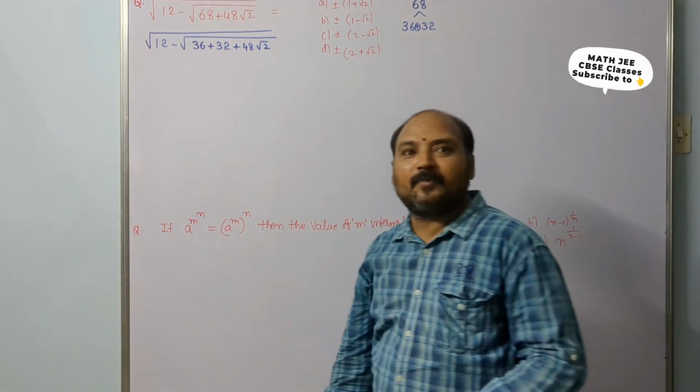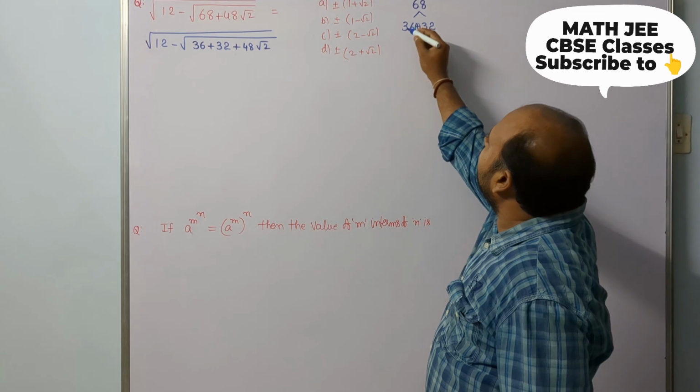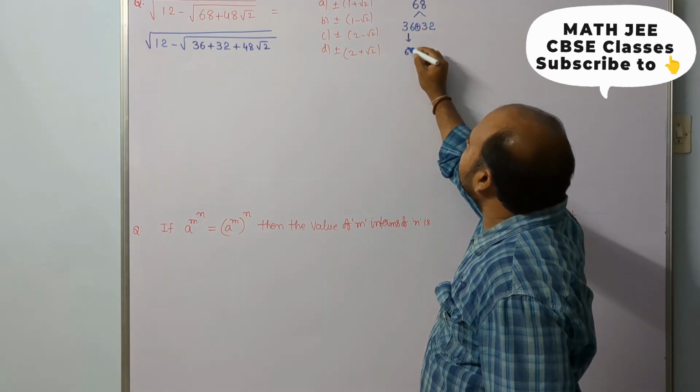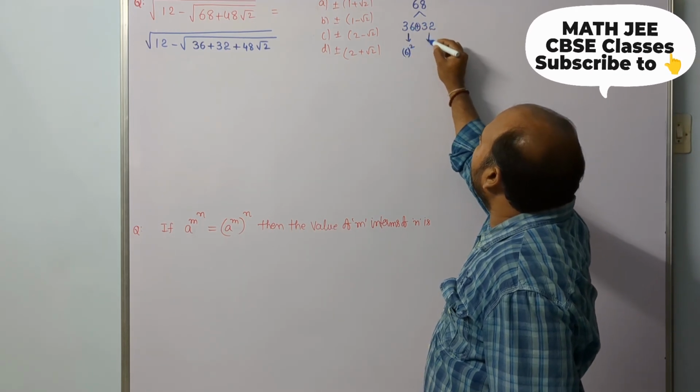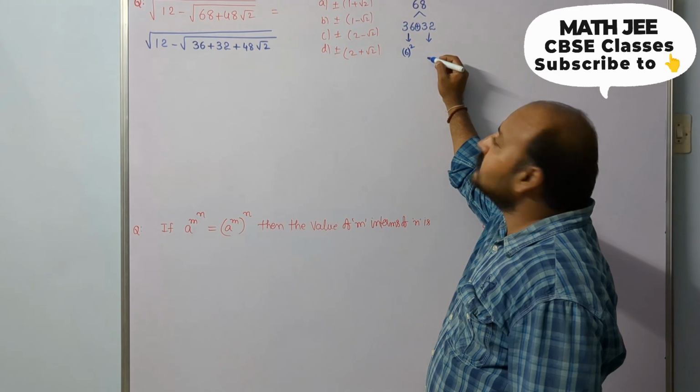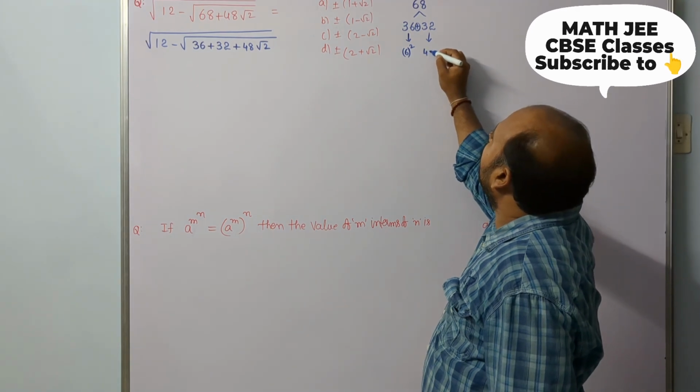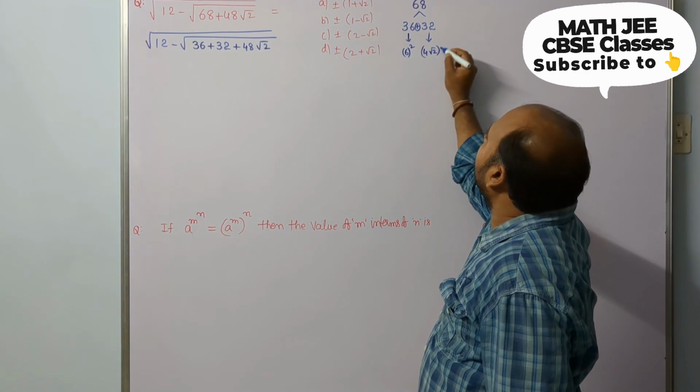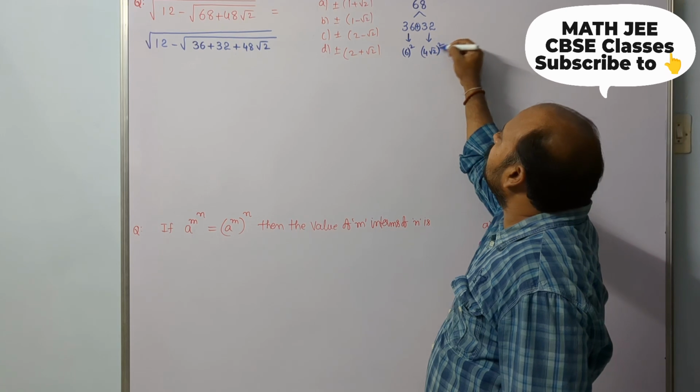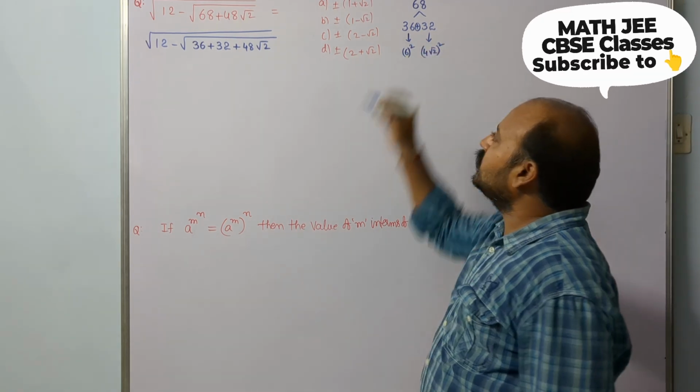In the next step, what I am going to write is 36 can be written as 6 square and 32 can be written as 4 into root 2 whole square. 4 square means 16, root 2 square is 2, 16 into 2 is 32.